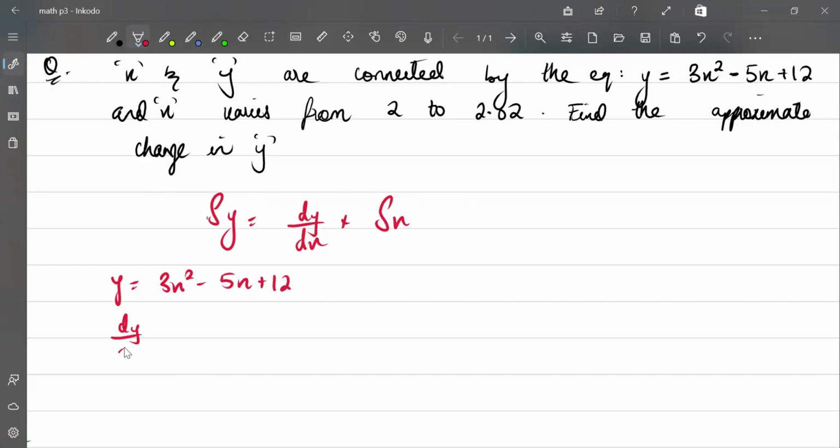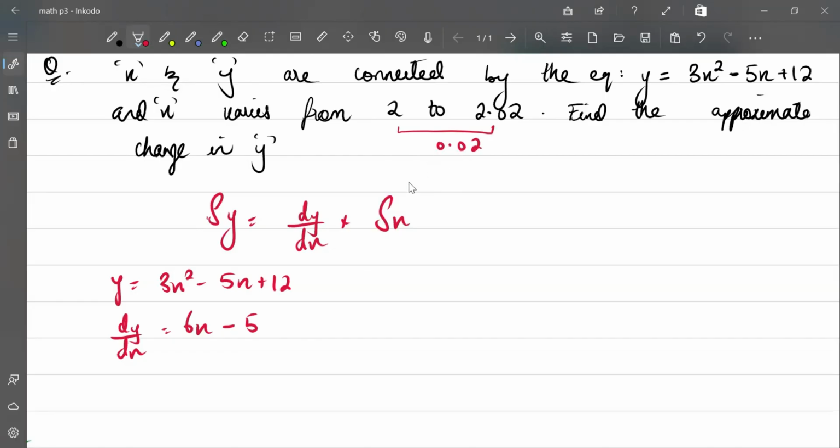So dy over dx would be 6x minus 5. So this is dy over dx. All right. And we need to calculate the small change in x. So as you can see, x changes from 2 to 2.02. So the small change in x is 2.02 minus 2, which is 0.02.